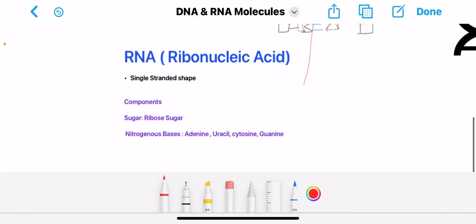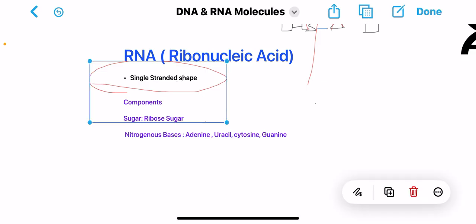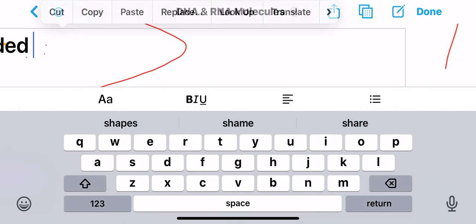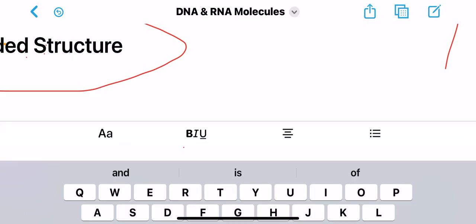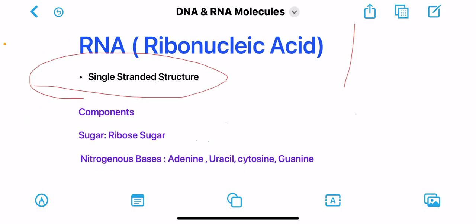Now what is RNA? RNA is ribonucleic acid. It has a single-stranded structure, not shape. It doesn't have a shape; it only has a single-stranded structure.